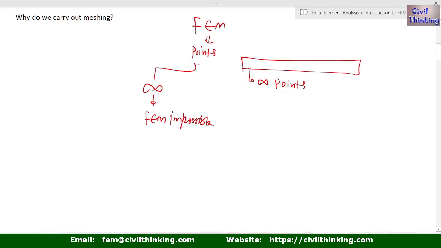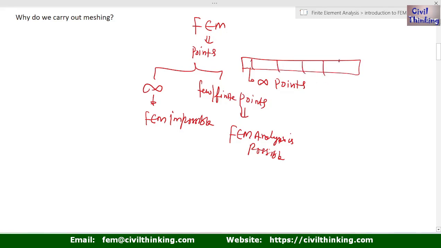But since we carry out meshing, we get only a few, or finite, points, and then FEM analysis is possible. For example, when we do meshing like this, there are only a few nodes, say 1, 2, 3, 4, 5.